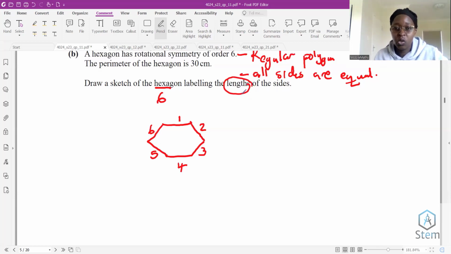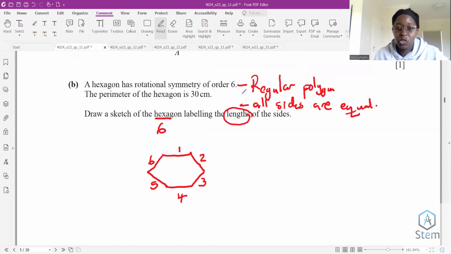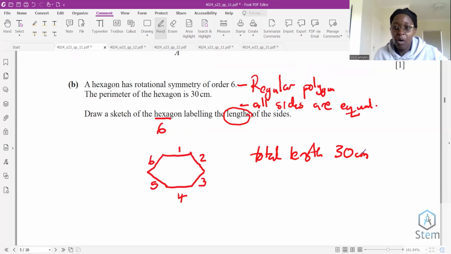So we must also know the length of the sides. So we said the total length is 30 centimeters. Okay, how many sides do we have? We have got 6. So we can say 6x is equal to 30 centimeters. What is the value of 1x?